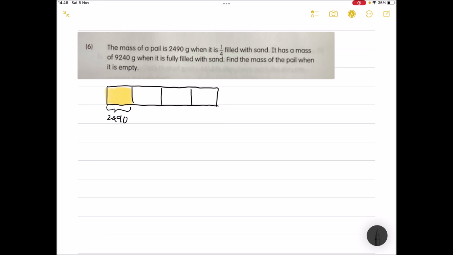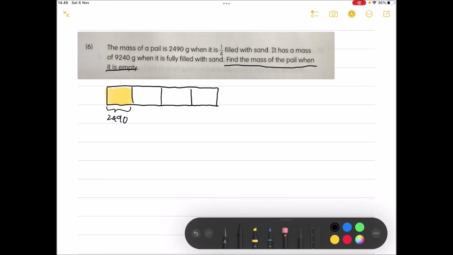This is not the 2,490 at all, because remember that we have the pail. The weight of the pail is counted here. How do you know? Look at the question. Find the mass of the pail when it is empty. It's very important to read the question before you start doing everything, okay?